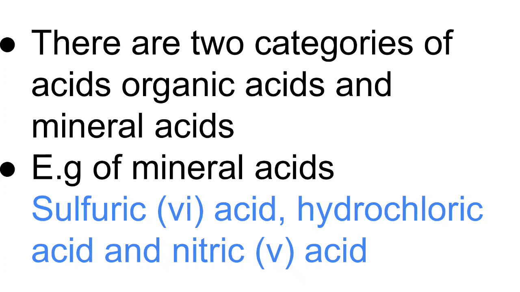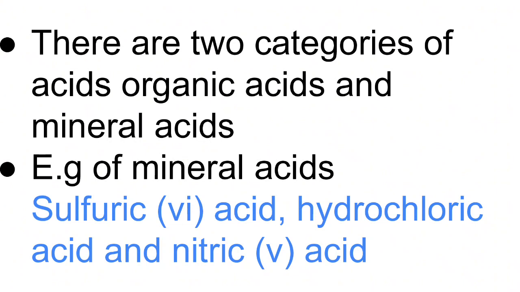Now, there are two categories of acids. We have the organic acids and we have the mineral acids. Now, the mineral acids, as I had mentioned earlier, include the ones which we normally use in the laboratory. Mostly sulfuric 6 acid, hydrochloric acid, and nitric 5 acid.